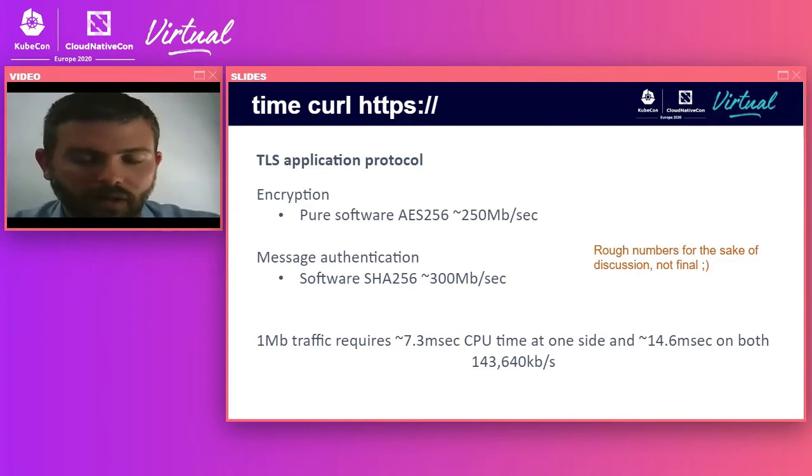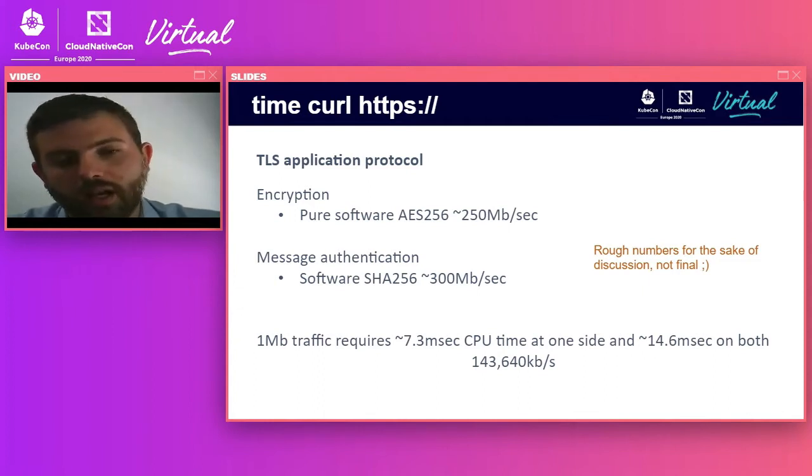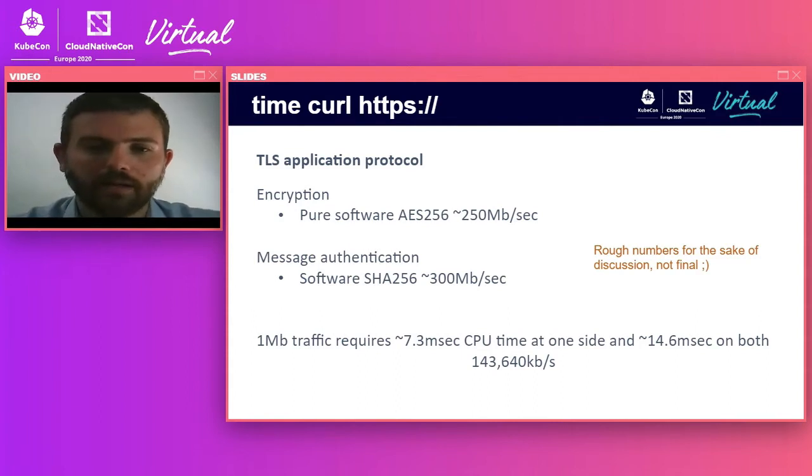I did the same, trying to make up rough numbers for the application protocol, where we encrypt every byte and hash it also to create a message authentication code. I got numbers of 250 megabytes per second for AES-256 bandwidth, and for message authentication about 300 megabytes per second for SHA-3 256.